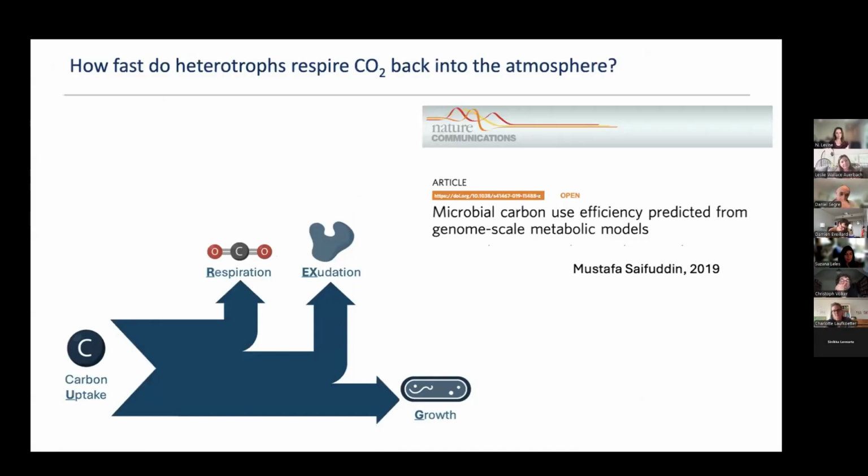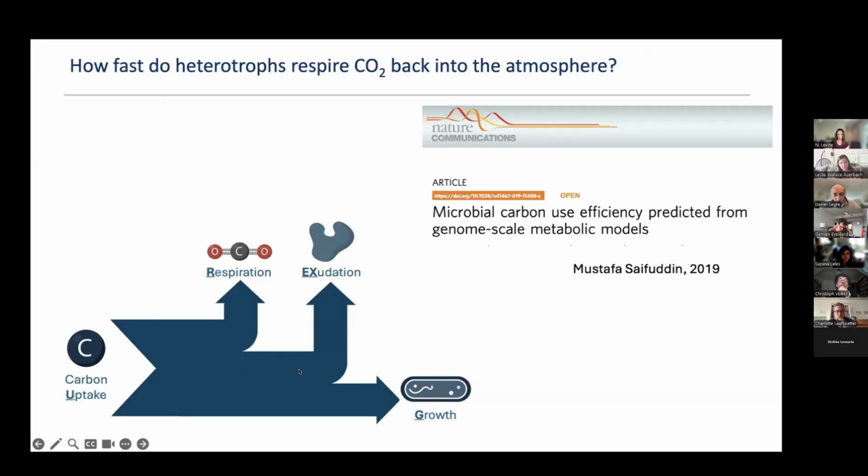The other thing I want to point out, as one application that we're actively working on in the lab for flux balance modeling, is the estimation of carbon use efficiency. We did prior work on a number of organisms with automatically reconstructed models.